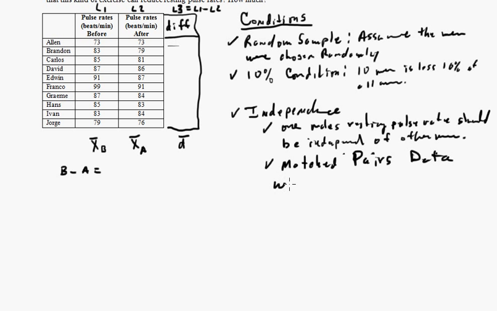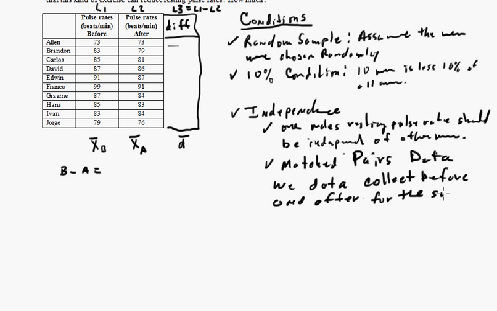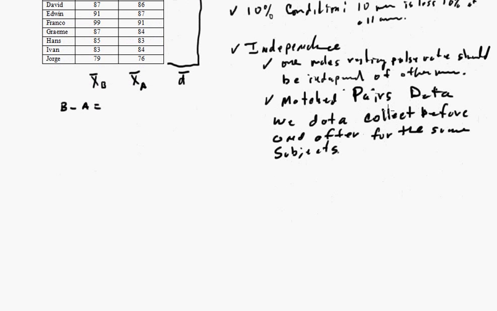Okay, we have data collected before and after for the same subjects. All right, so we're pretty good to go. We need to check the nearly normal condition.